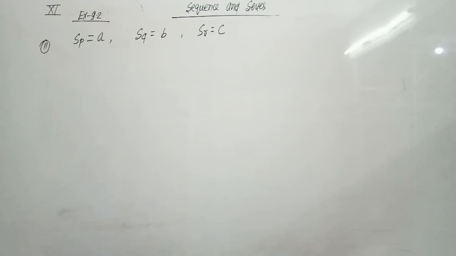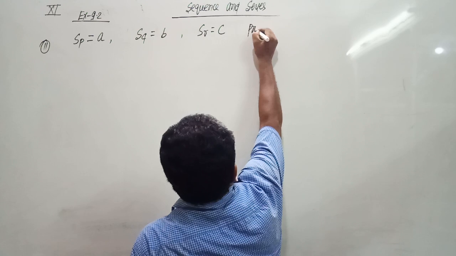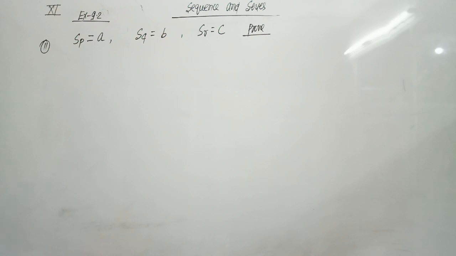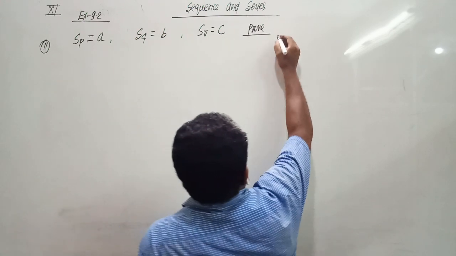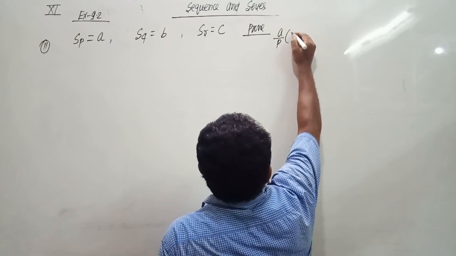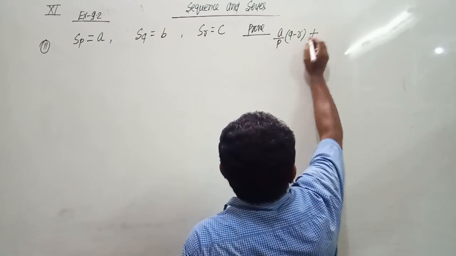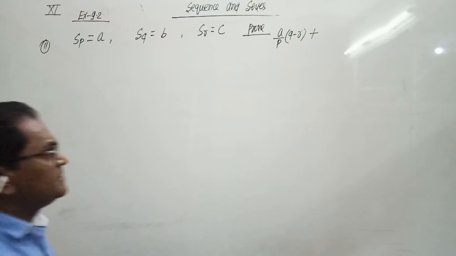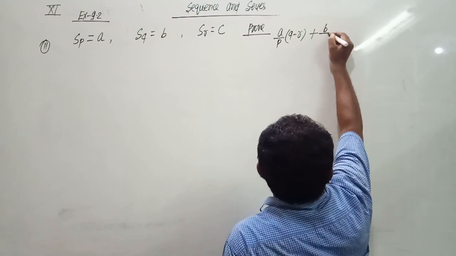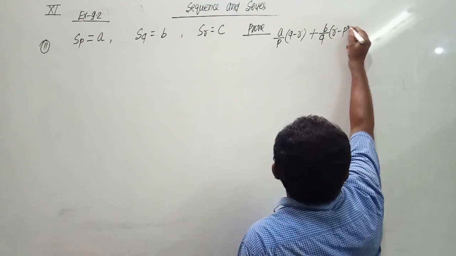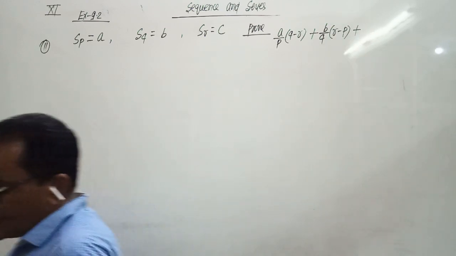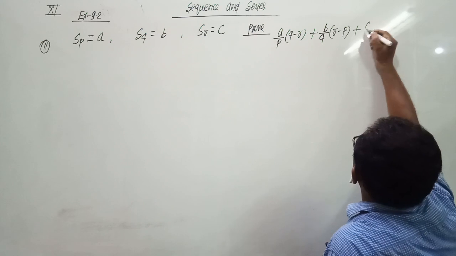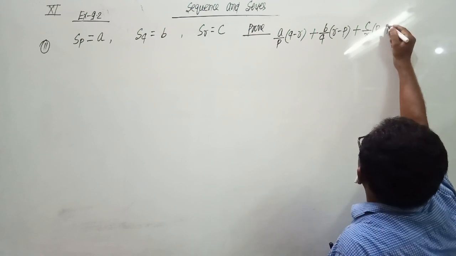Then we have to prove that (a/p)(q − r) + (b/q)(r − p) + (c/r)(p − q) equals 0.